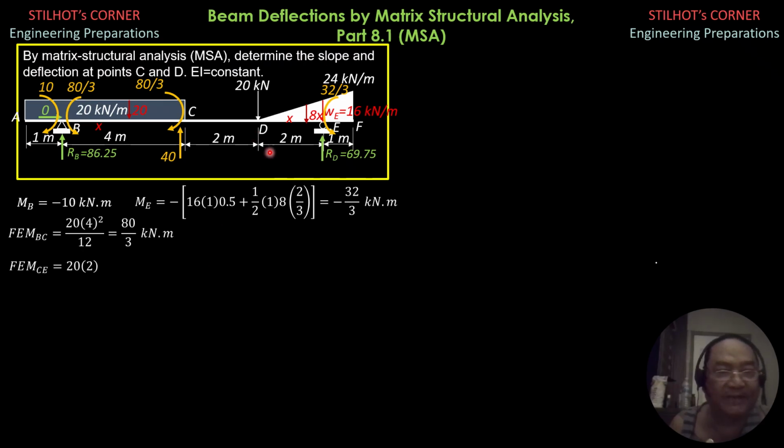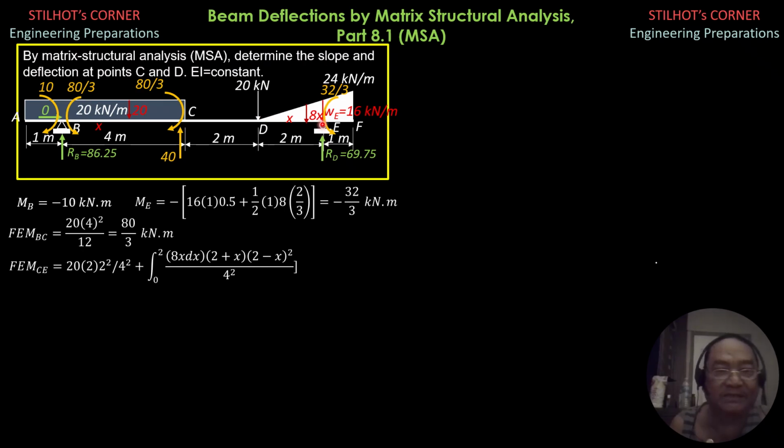So let's consider CE for the fixed moment. There is moment because we consider CE. For the 20 kilonewton load, it is P a b squared over L squared, with a equal to 2, b equal to 2, and L equal to 4.